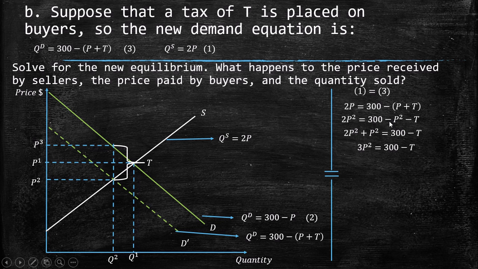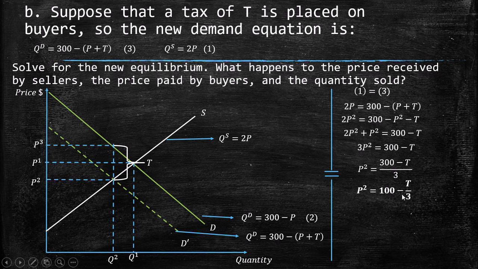So here I add this minus to the other side, and at the end we have this one. So this is P2. I can split 300, take care, because this is subtracting, so I have to divide by 3 in both.